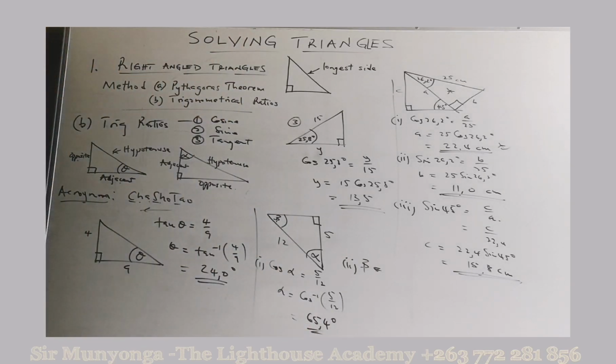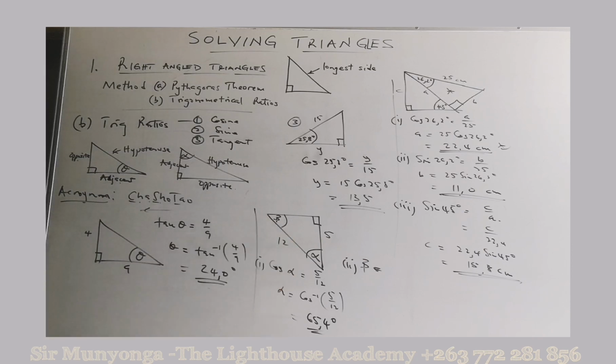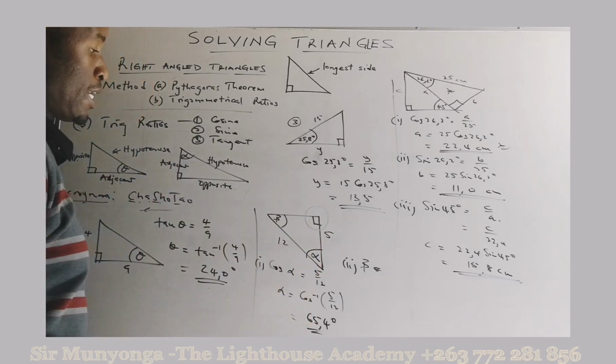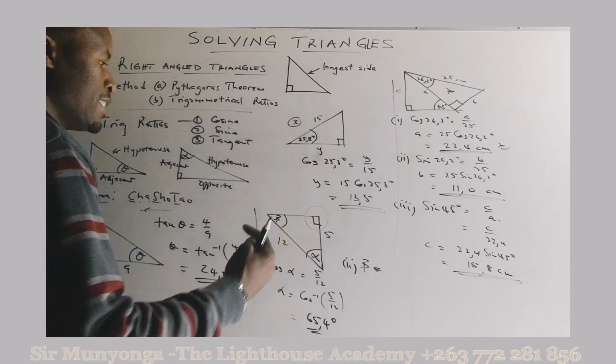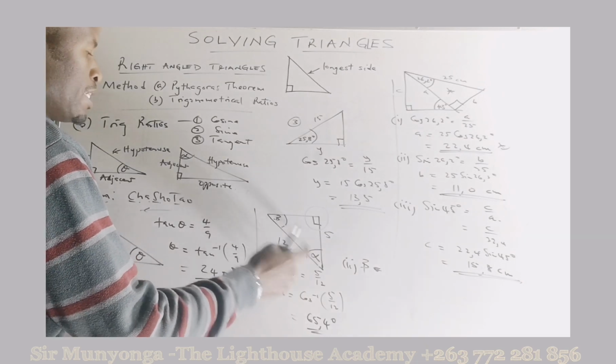Part 2, for angle beta, you don't necessarily need to make use of any of the trig ratios. Remember, angles in a triangle add up to 180 degrees. But for a right angle triangle, remember this angle is equal to 90 degrees. 180 degrees minus 90, that's 90. So always in a right angle triangle, these two angles add up to 90.